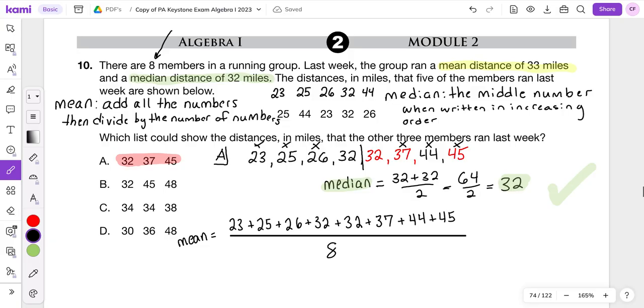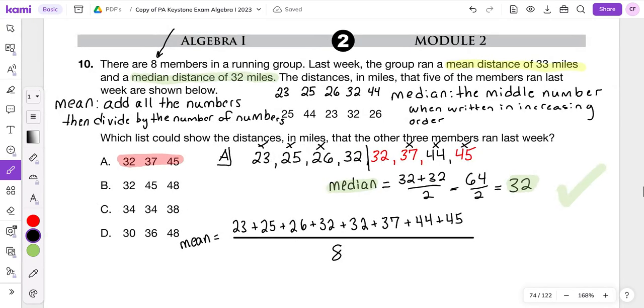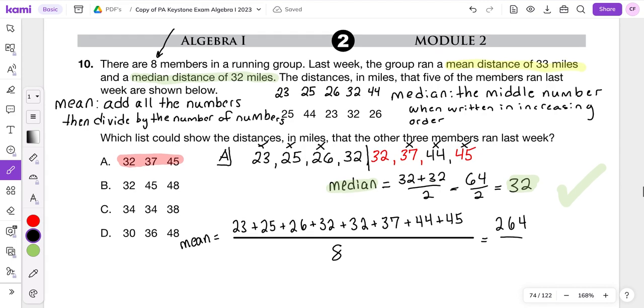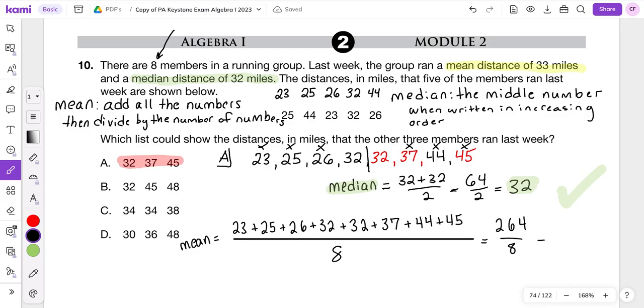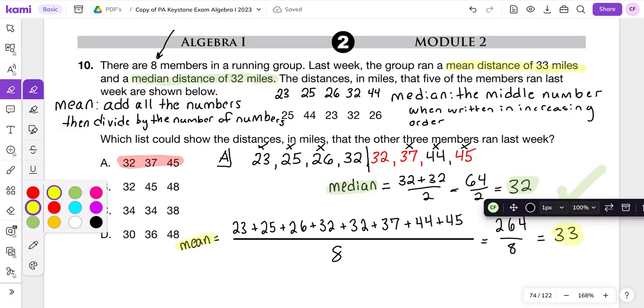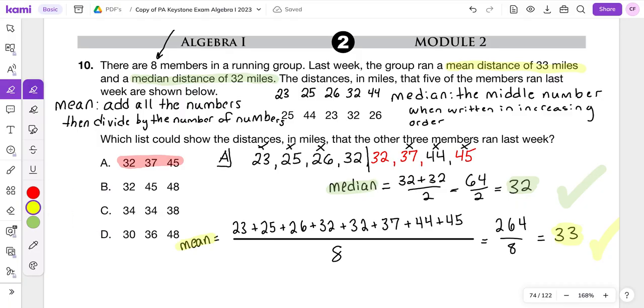When I add up all of those values, I get 264. I divide that by the 8, and I get 33, which, as stated in the original problem, was what the mean was supposed to be. Now, this was 2 parts. It needed to be true for both the mean and the median.